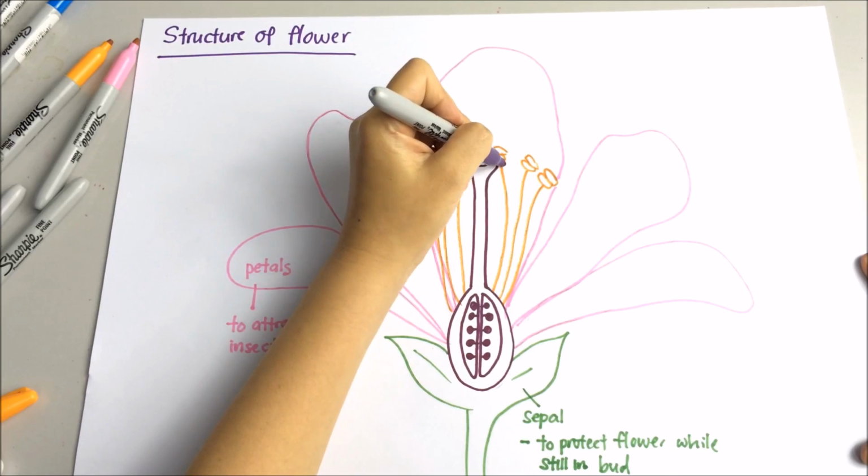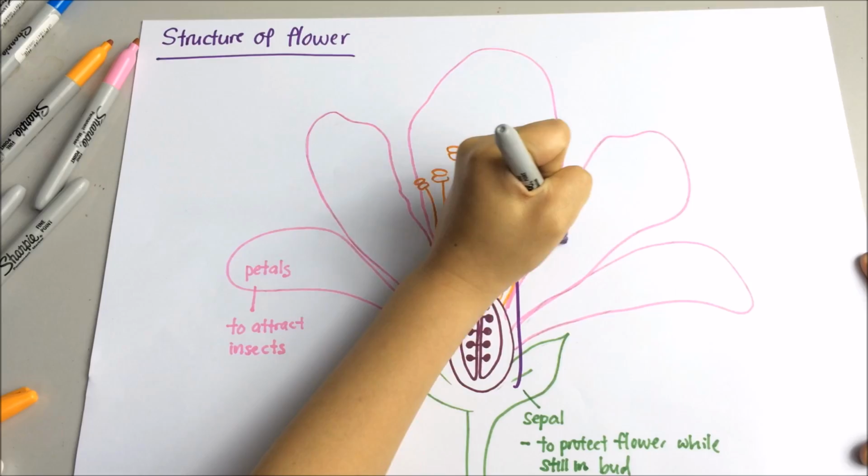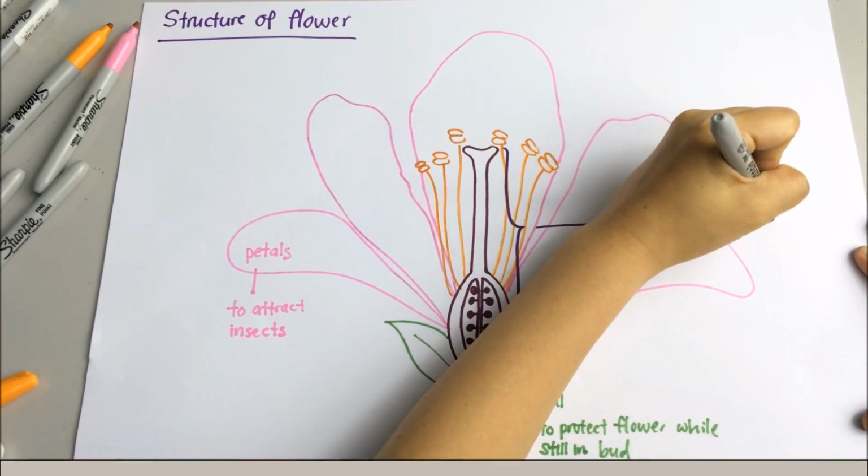And this whole thing is the female reproductive structure known as carpel.